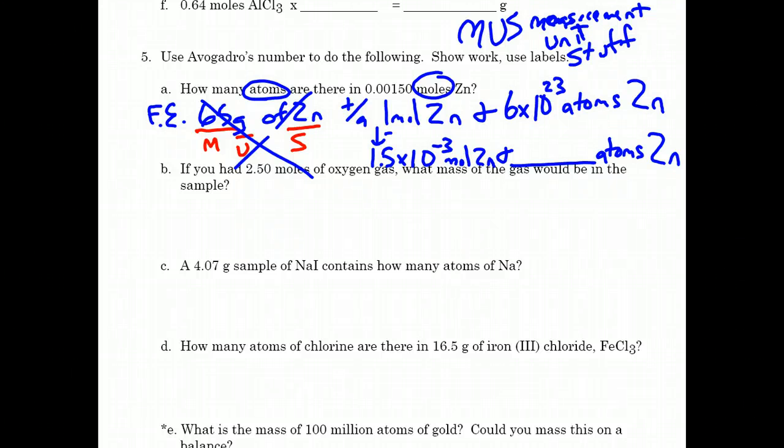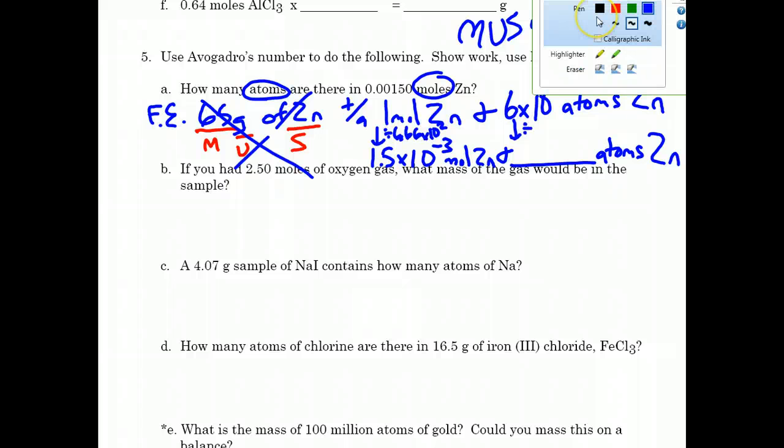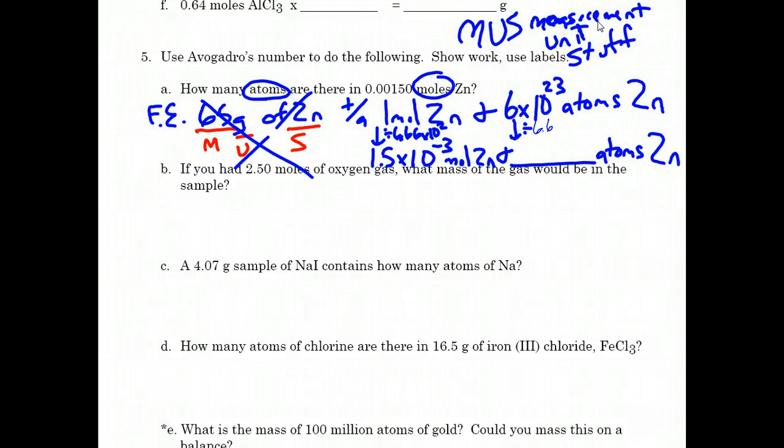I divide by 6.66 times 10 to the second. Sorry about the writing there. So again, I'm dividing this by 6.66. 6.66 times 10 to the negative second.